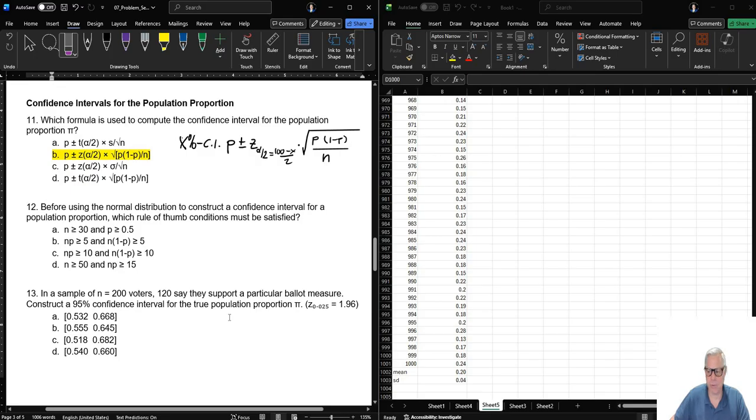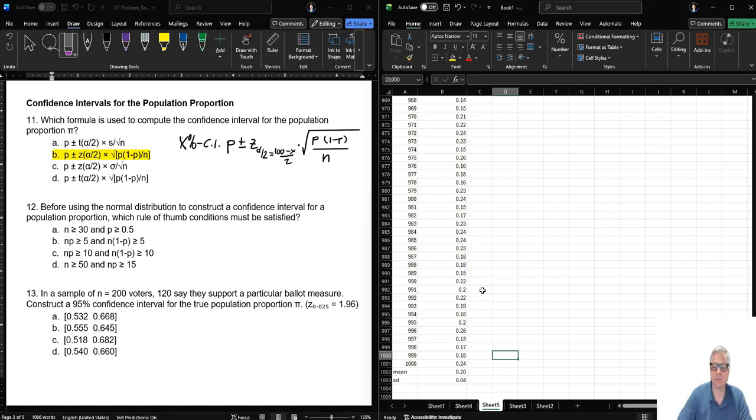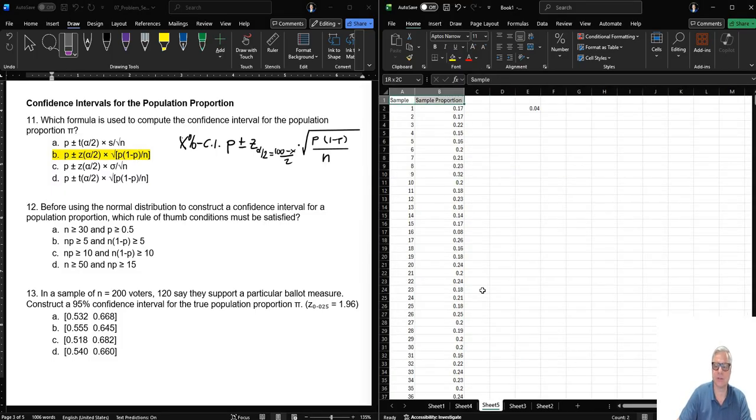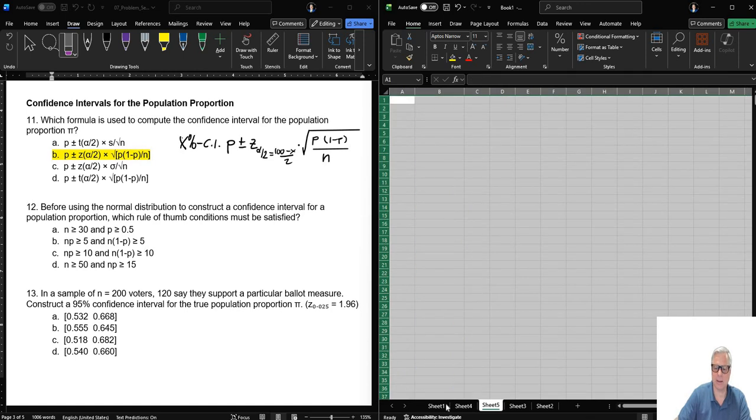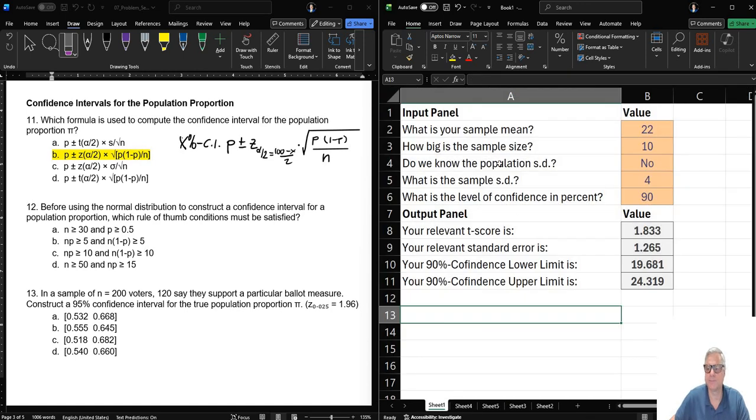Okay, so now the problem set consists of, again, many questions. What I want to avoid now is to calculate them over and over again. It will become repetitive. So what we do is, let's just create a similar experience like this one, but for the proportion.